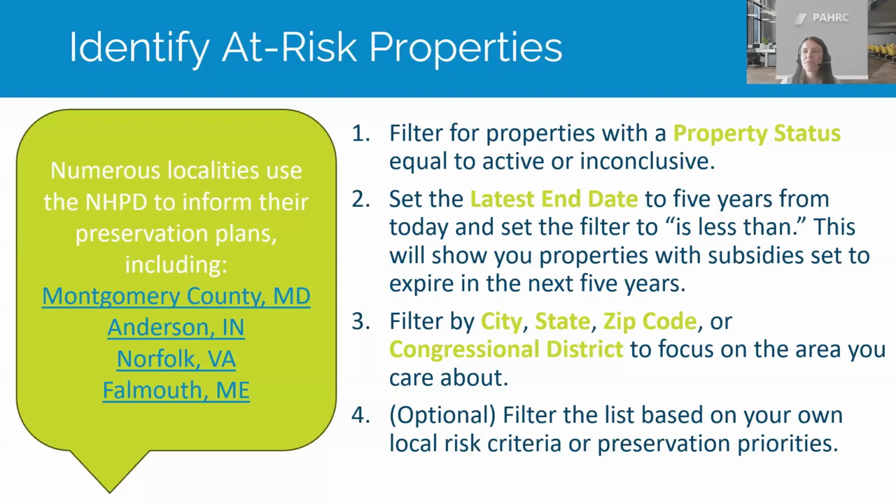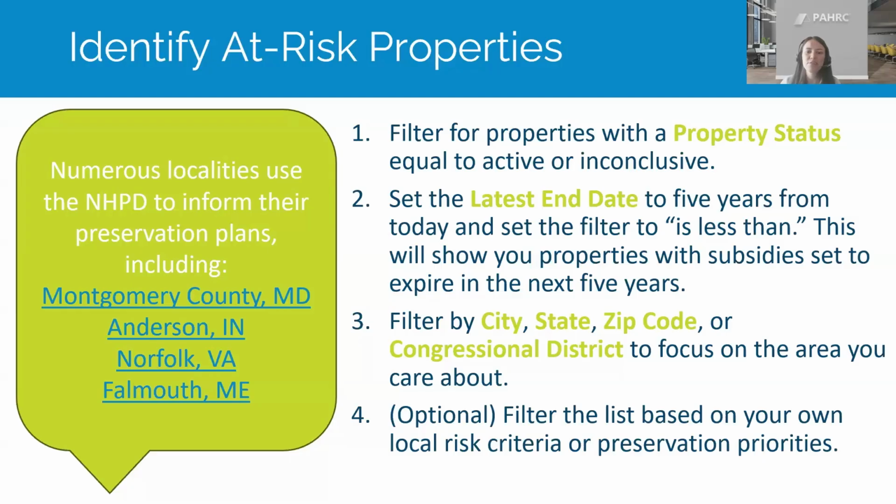And when we talk about at-risk properties, we really are referring to homes that are falling into disrepair or have affordability restrictions that are expiring in the coming years. So to begin, you can log into the database and filter properties that have a property status that is active or inconclusive.